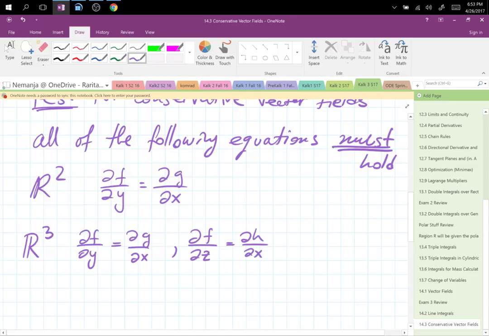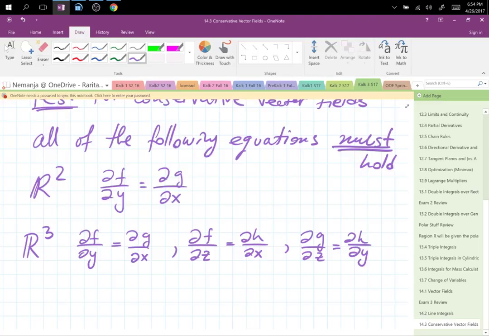You see that they're mixed. And then partial g partial z is partial h partial y. So you see how you have all combinations: x with y, x with z, y with z. You have functions f, g, and h. Just mix them up. It's not that difficult to memorize this.